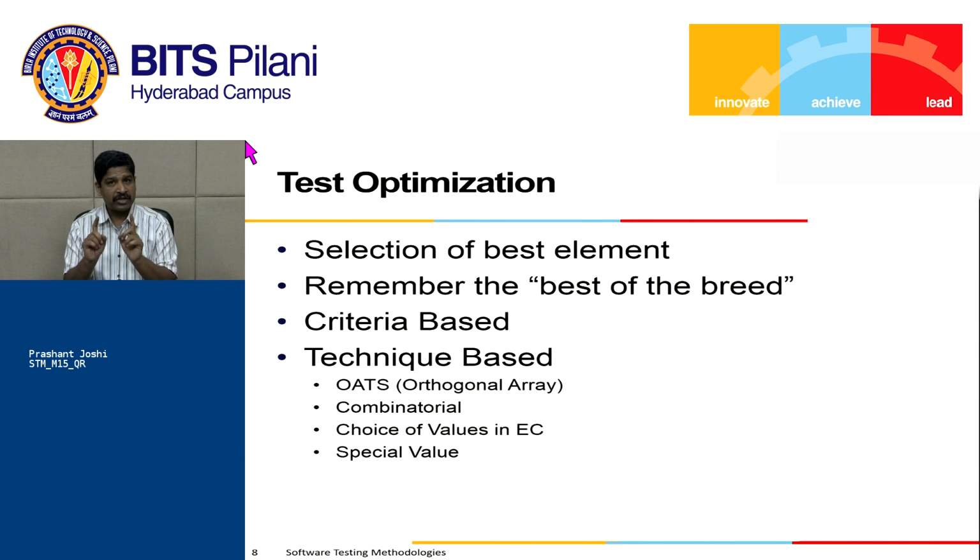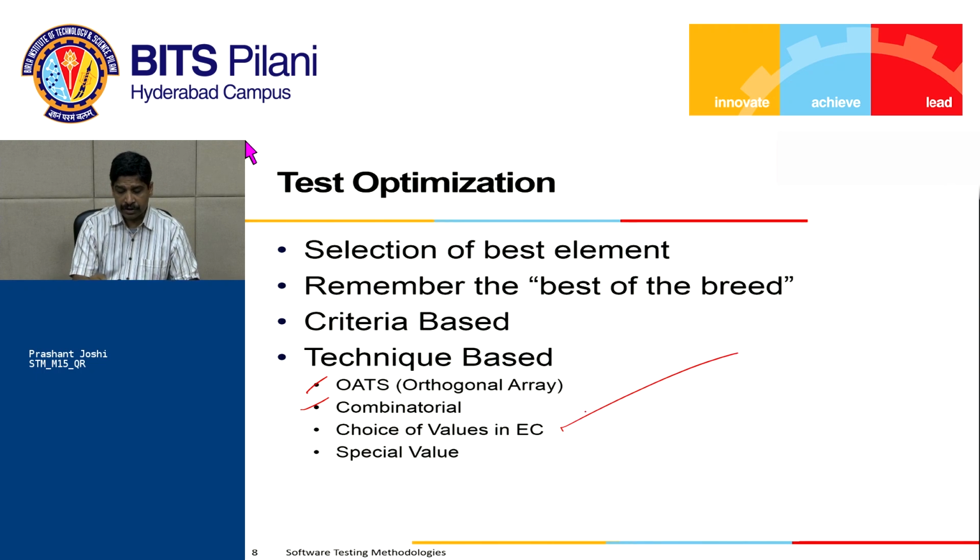Optimization. We want best of the breed. If I have got 5 or 6 test cases, I would want to make sure that I've optimized the number in a manner that I always get best of the breed. And then I look at certain techniques like orthogonal array, combinatorial, in fact, certain choices of values in equivalence classes.